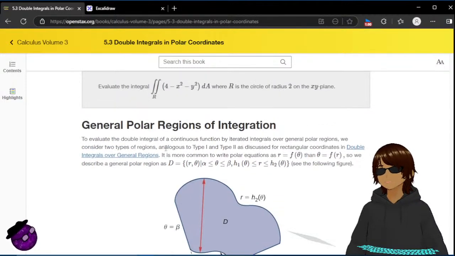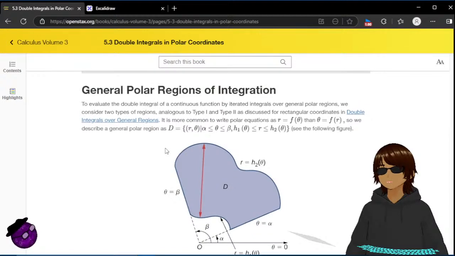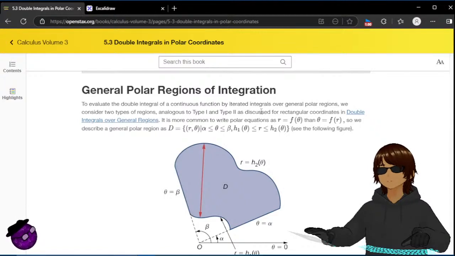To evaluate the double integral of a continuous function by iterated integrals over general polar regions, we consider two types of regions analogous to type 1 and type 2 as discussed for rectangular coordinates, double integrals over general regions. It is more common to write polar equations as r equals f of theta and theta equals f of r.